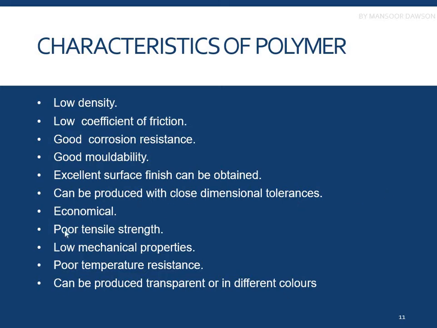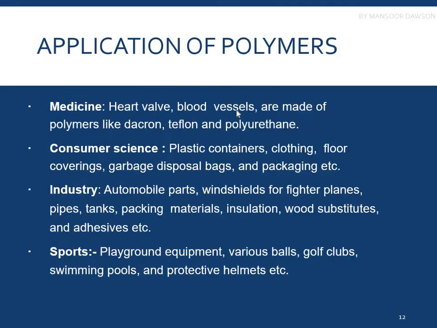It is very economical. It has a poor tensile strength, low mechanical properties, and poor temperature resistance, and it can be produced transparent or in different colors. So these are some characteristics of polymers. Then the applications of polymers: polymers are used in medicine, in consumer sciences, in industry, and in sports.